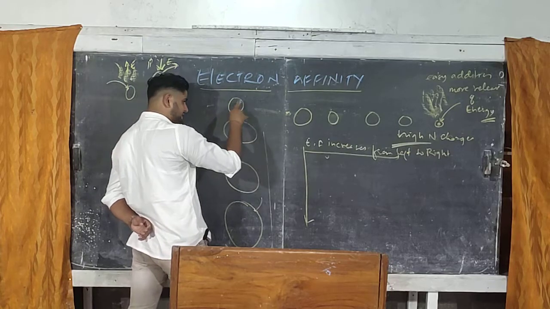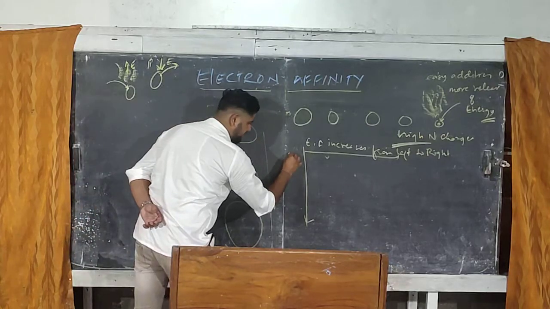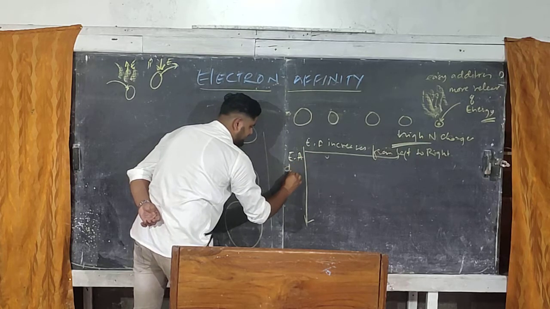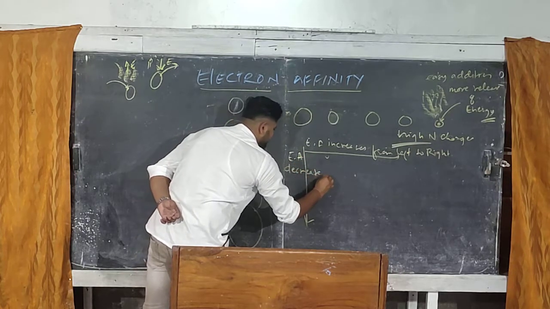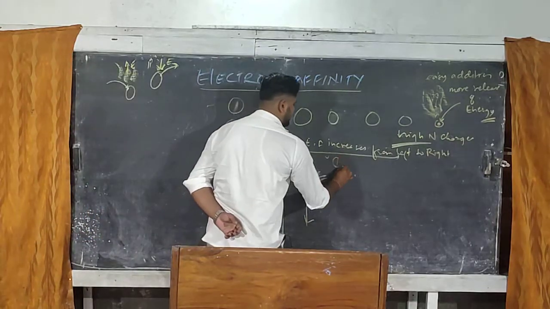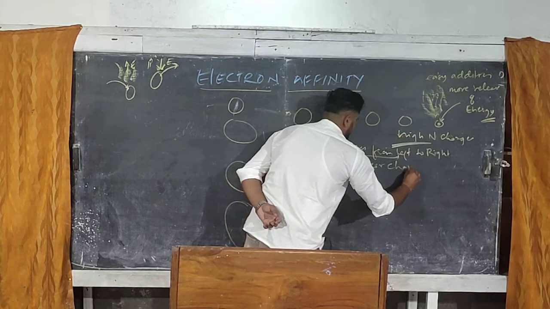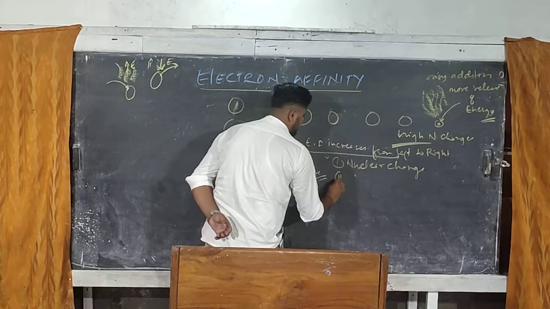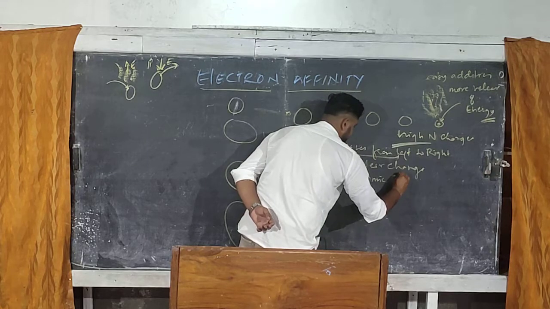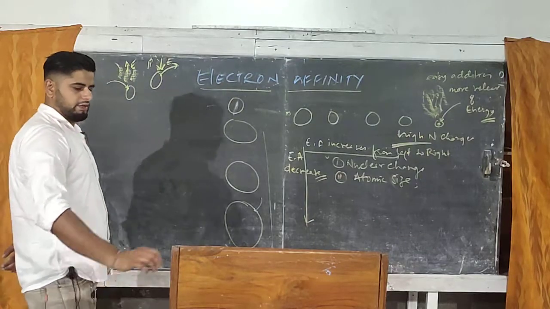Yes or no? Smaller size, easy addition, more release of energy. So as we move from top to bottom along a group, electron affinity decreases. Okay, the number one reason for this is nuclear charge, and another reason is atomic size. Okay, got it or not?